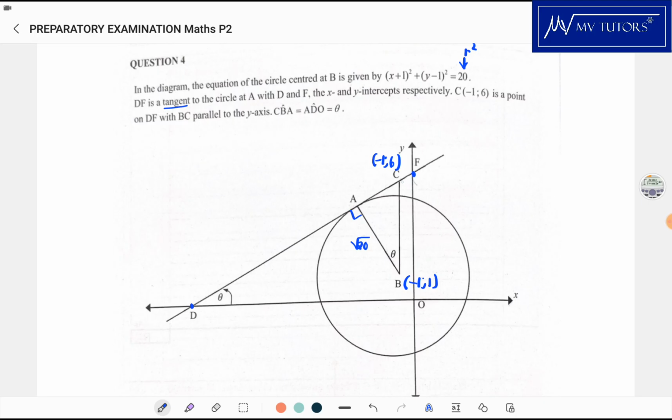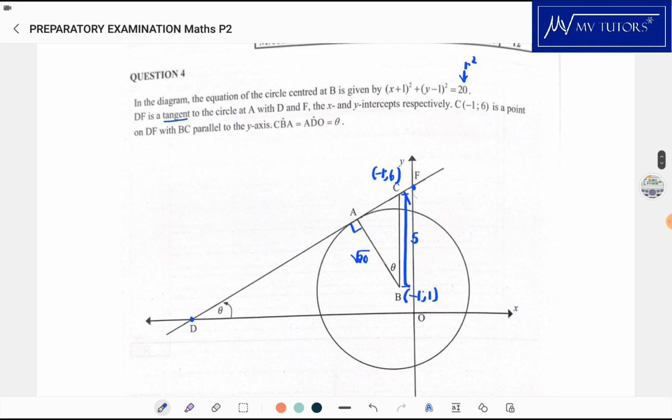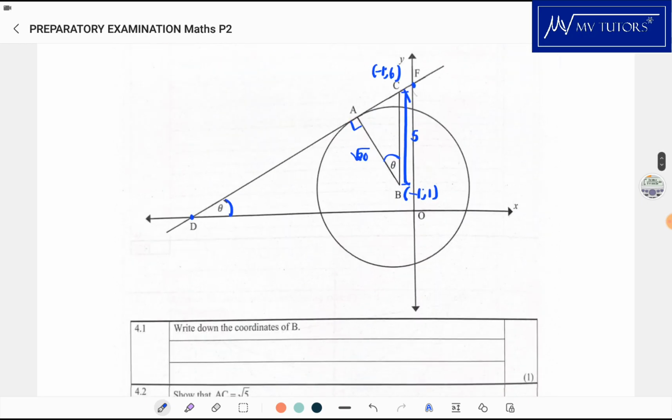And we can note then that the distance between C and B is 5. All right, and then angle B in CBA is equal to ADO. Okay, so theta here, and we also have theta there, they're equal. Okay, interesting. Now, what is the first question?